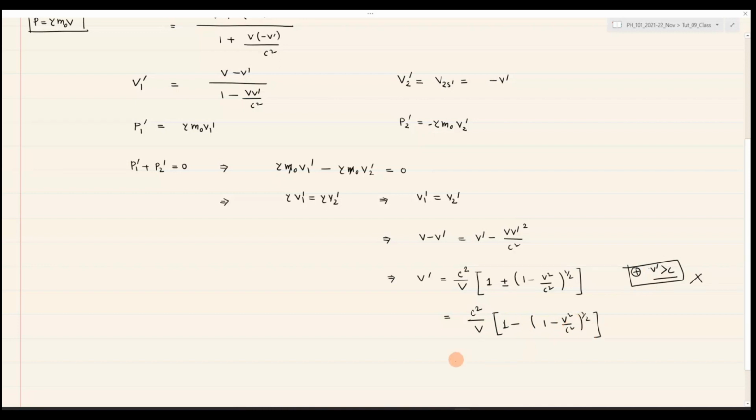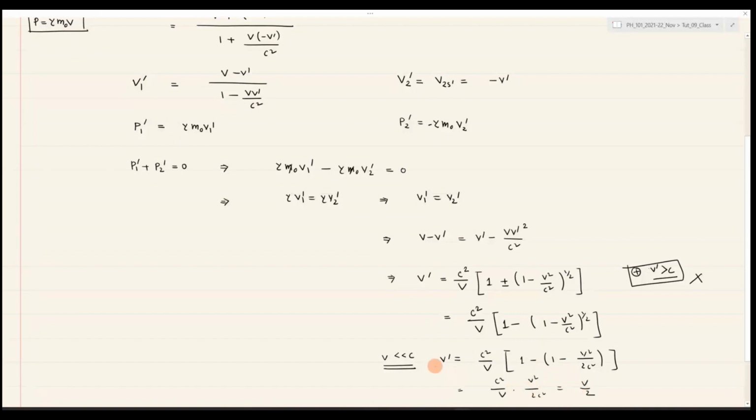Now if you check for the classical, non-relativistic case, where the speed of the particle v is very much less than c, then v prime will come out to be c square by v times 1 minus (1 minus v square by 2c square), approximately. 1 will get cancelled, and v square by 2c square over c square by v gives v by 2.